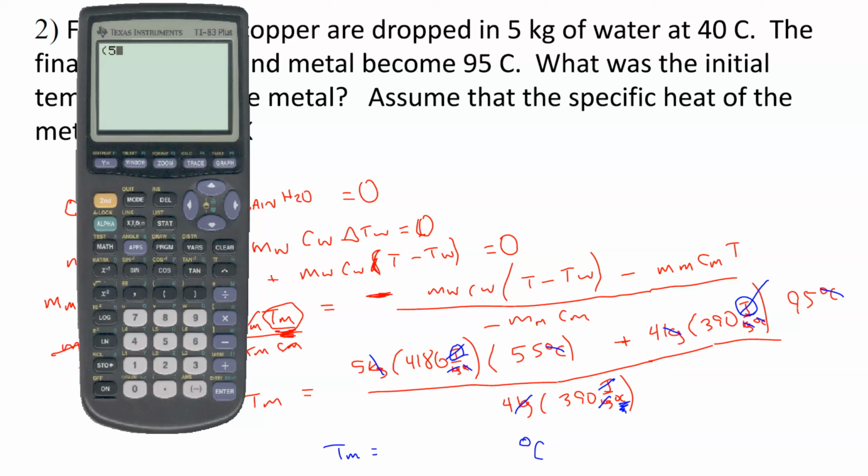And I've got 5 times 4186 times 55 plus 4 times 390 times 95. Close up the numerator, divide by 4, also divide by 390. And there's 832 point something. Let's call it 833, shall we?